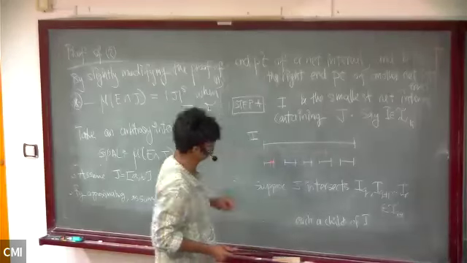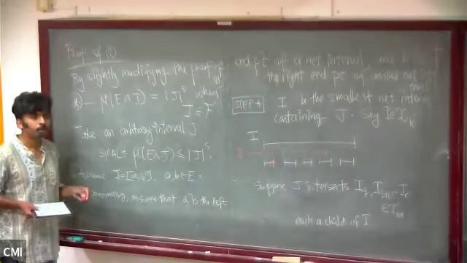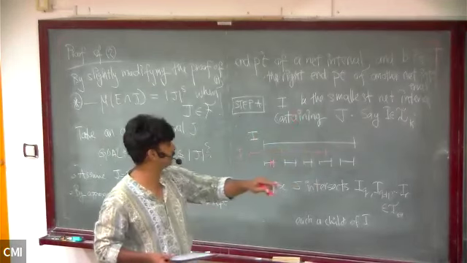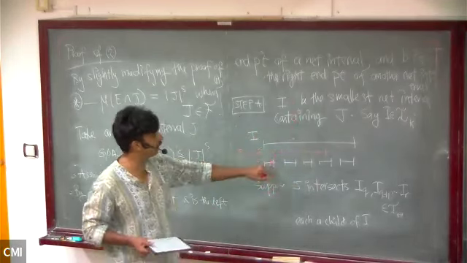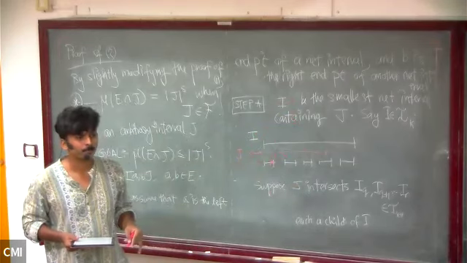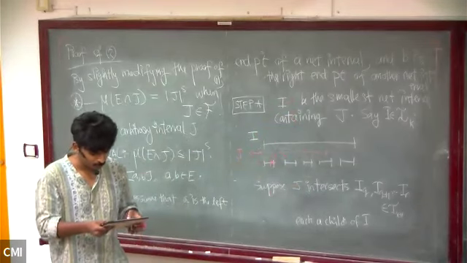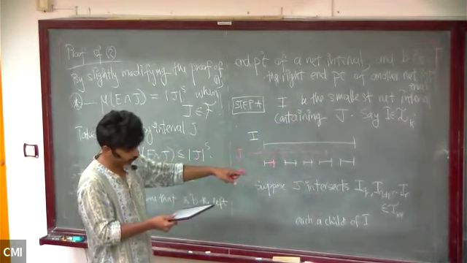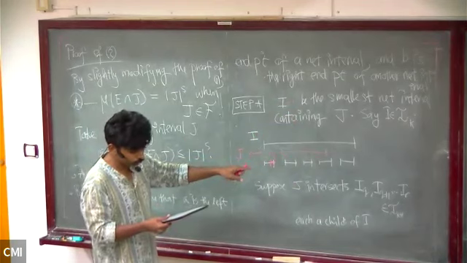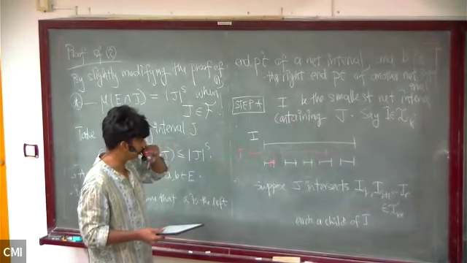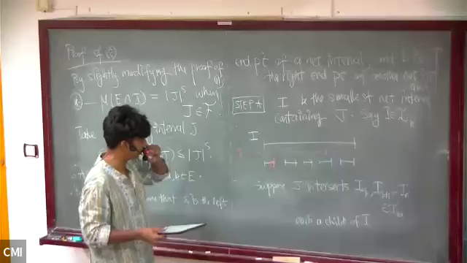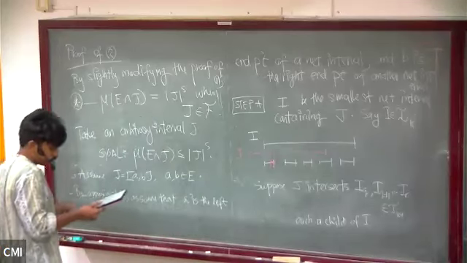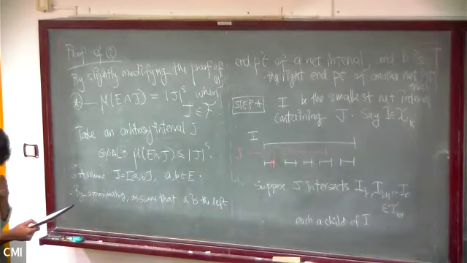Now I'm going to run this whole algorithm with J replaced with IQ intersection J. So the immediate net parent of IQ intersection J must belong to curly IJ. Now, what do I mean by that?